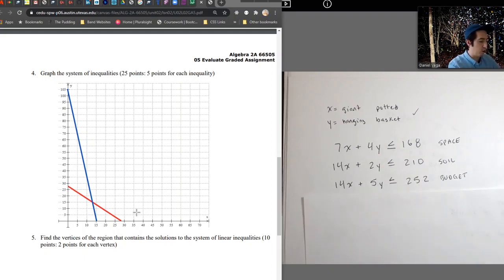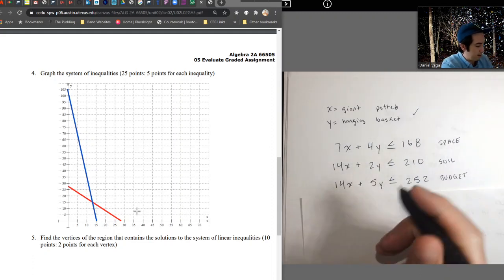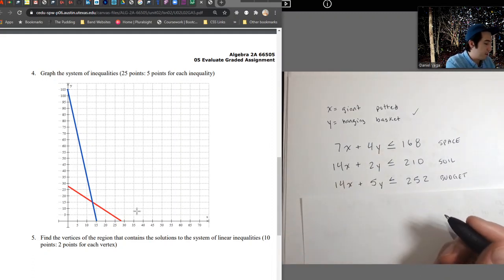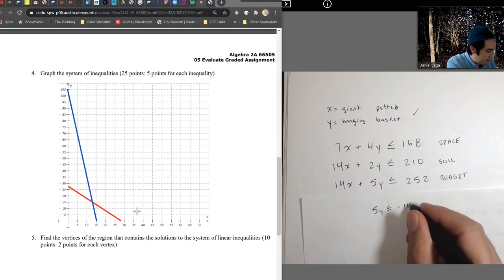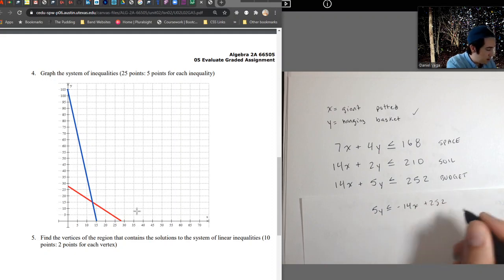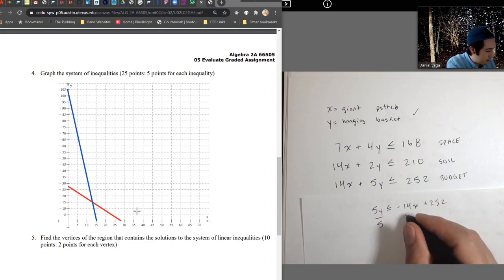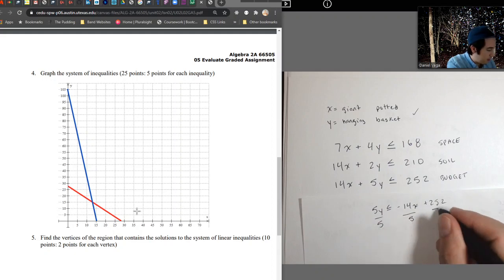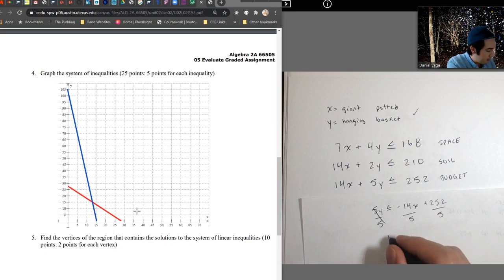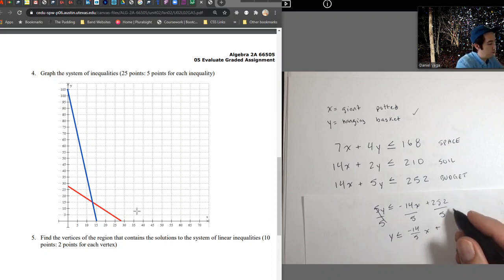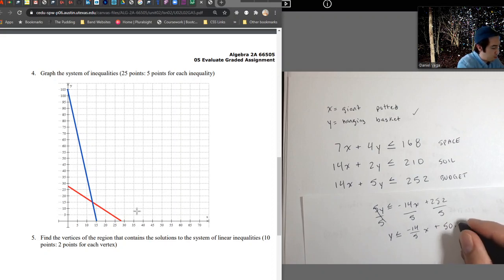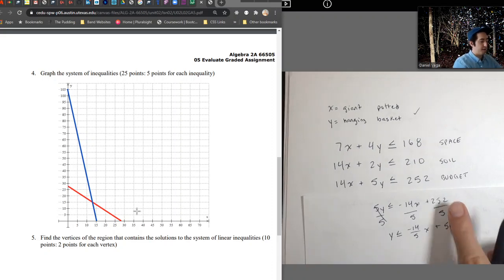Then our last line, if we're going to graph it for this worksheet, it's right here. To graph it, I'd subtract the 14x, so negative 14x plus 252, divide by 5. You get y is less than or equal to negative 14 over 5x plus 50.4. 252 divided by 5 is that.